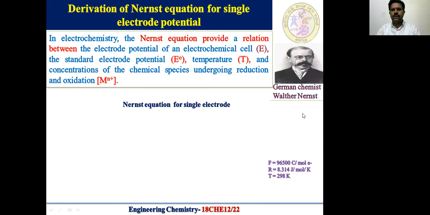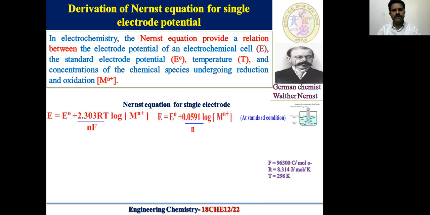The German chemist Walther Nernst derived an equation called the Nernst equation, and it gives the relation between the electrode potential of a chemical cell E, the standard electrode potential E naught, temperature T, and the concentration of the chemical species undergoing reduction and oxidation reaction. That means the concentration of the solutions.